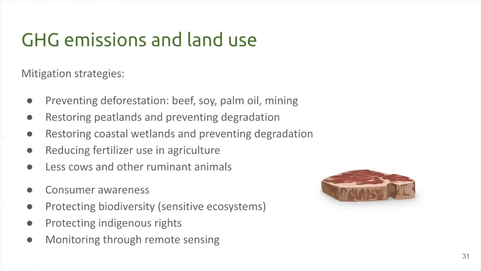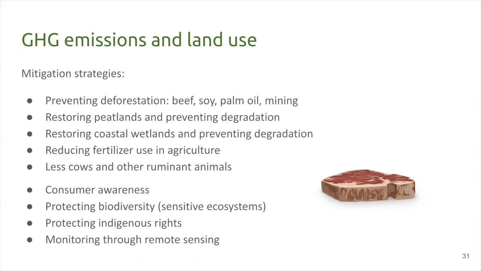So the mitigation strategies here for land use, agriculture and forestry, one of the main ones is preventing deforestation. And this is dependent on beef production, soy and palm oil plantations, but also mining. Another important area is restoring peatlands and coastal wetlands and preventing their degradation.